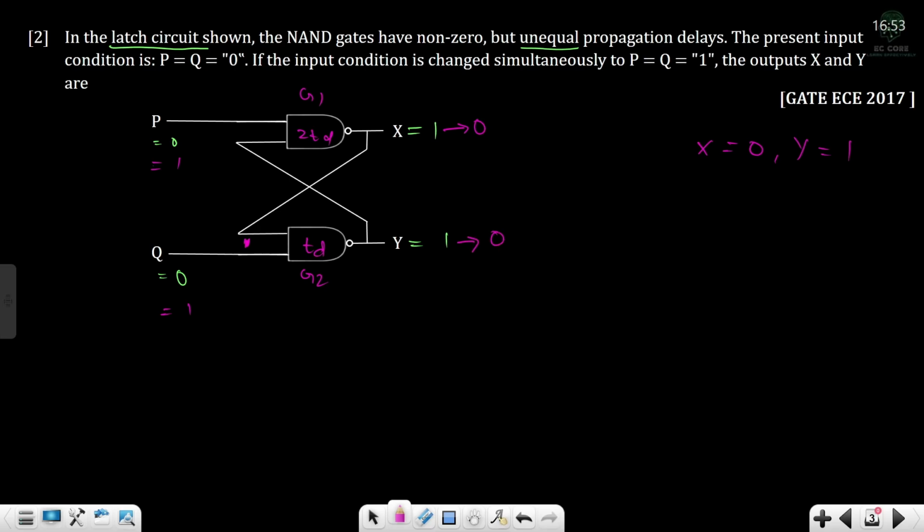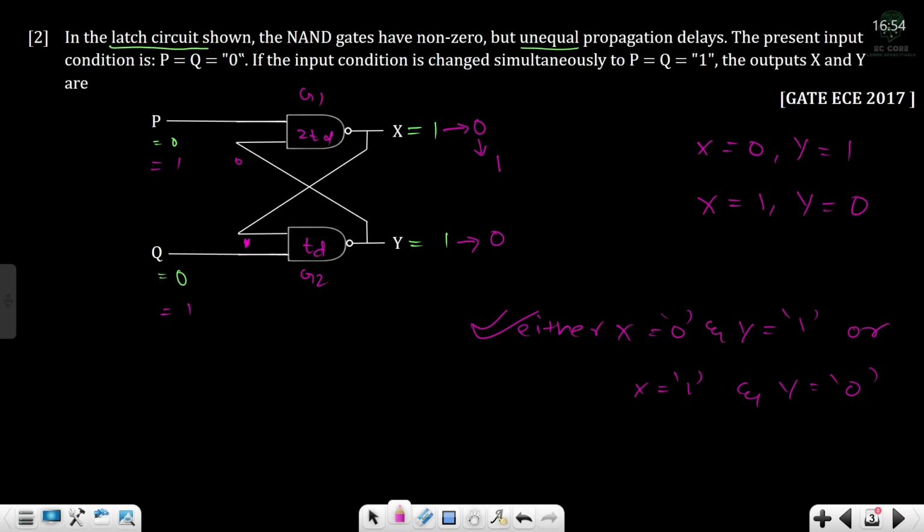Then this will be 0, and this 0 will be transmitted to here, and 1 into 0 will again become 1. So here my x is becoming 1 and y is becoming 0. So in the options, you will be given either x is equal to 0 and y is equal to 1, or x is equal to 1 and y is equal to 0. So this is the correct option for this one.